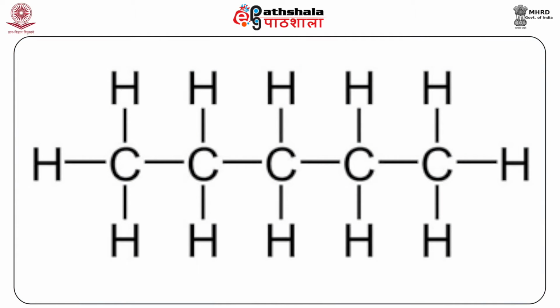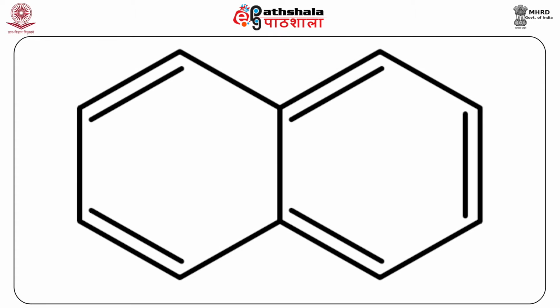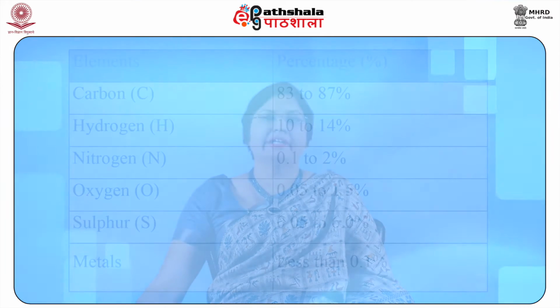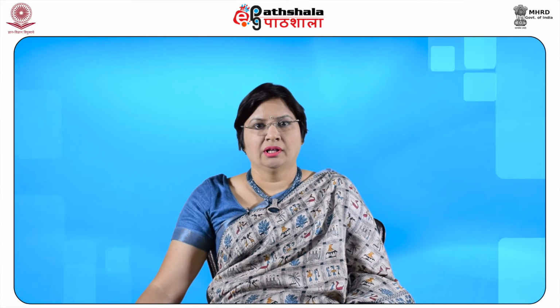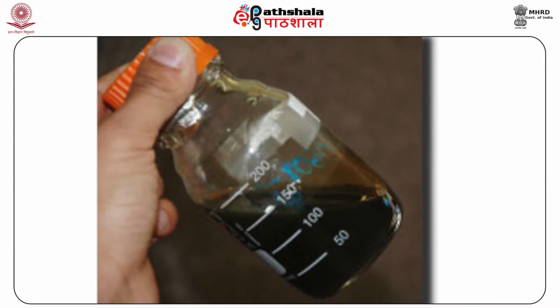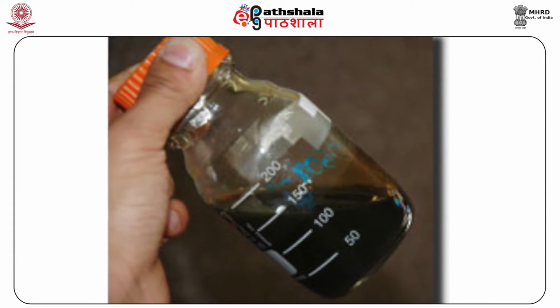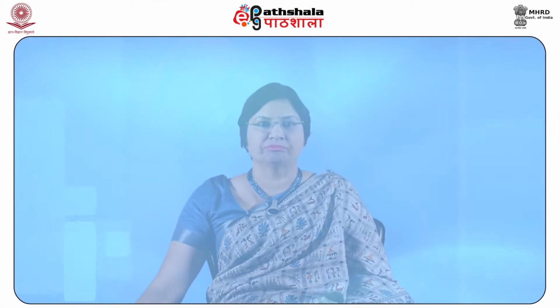In the aromatic hydrocarbons you have the benzene and the naphthalene type of rings, and there are other extra elements like nitrogen, sulfur, halogens also present in these compounds, and it is basically a mixture of all these compounds which is found in petroleum. Petroleum, which is also called crude oil, varies dramatically in color, odor and other flow properties, which reflect the diversity of its origin.